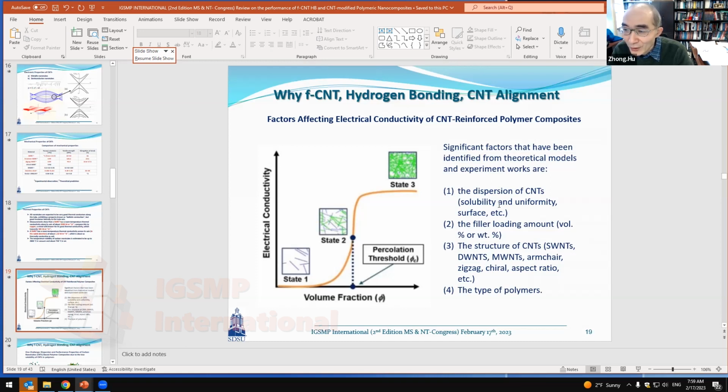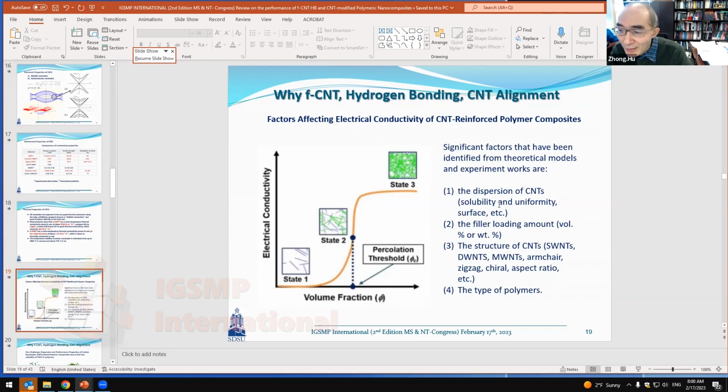And if you load a lot of carbon nanotube inside the polymer, the dispersion will be bad. It's not uniformly distributed inside the polymer. So that's one thing we need to solve: how can we make the dispersion good and uniform?